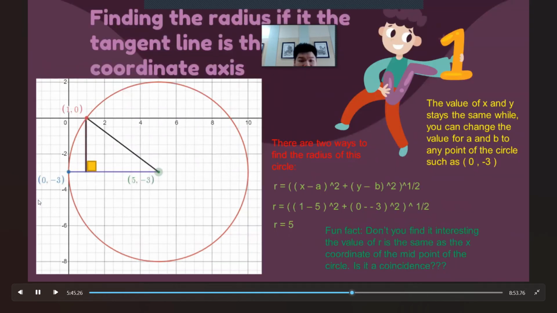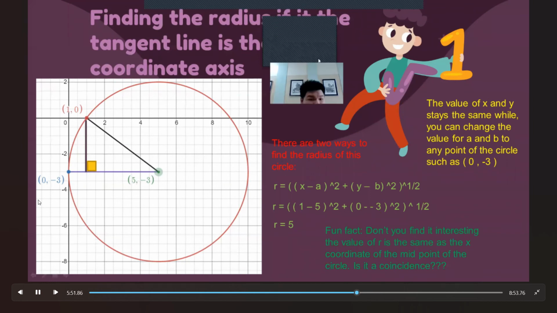Okay, for this slide, I want you guys to pay close attention to the tangent line and what it represents. Instead of facing this question headstrong, we can utilize a trick in order to obtain the radius. With the y-axis as a tangent, this indicates that the normal will be the horizontal line.